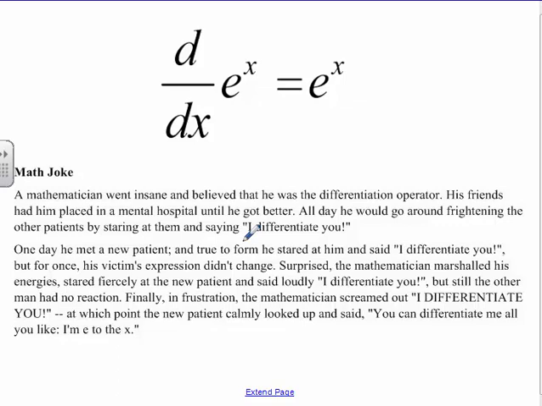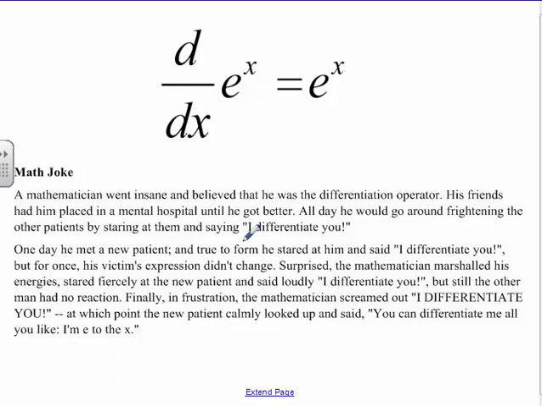Anyway, so one day he meets a new patient, and true to form, he stares at the new patient and says, "I differentiate you." But for once, the victim's expression didn't change. Surprised, the mathematician marshals his energies, stares fiercely at the new patient, and yells loudly, "I differentiate you!" But still, the man had no reaction. Finally, in frustration, the mathematician screams out, "I differentiate you!" At which point, the new patient calmly looks up and says, "You can differentiate me all you like. I'm e to the x."